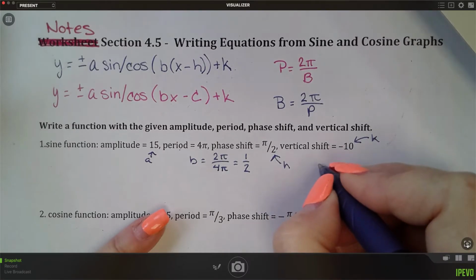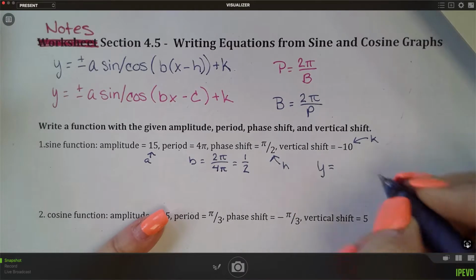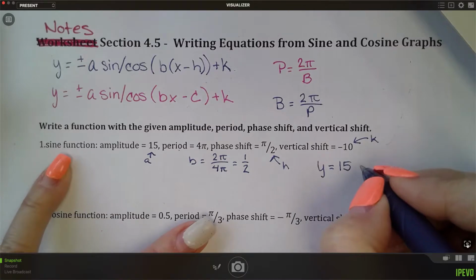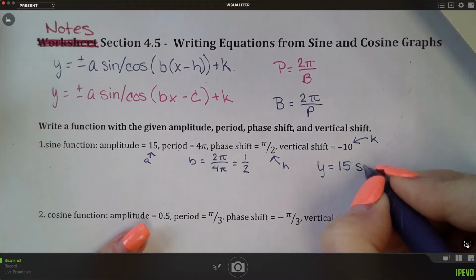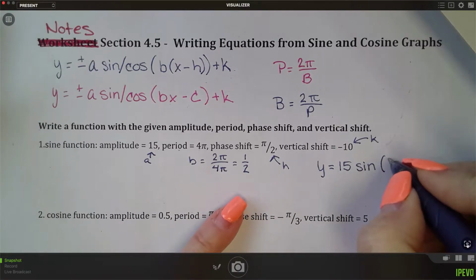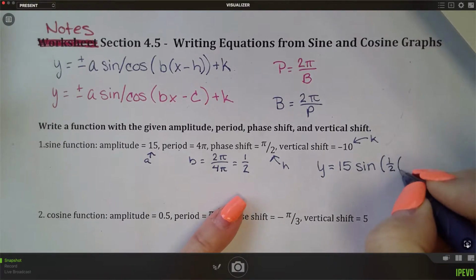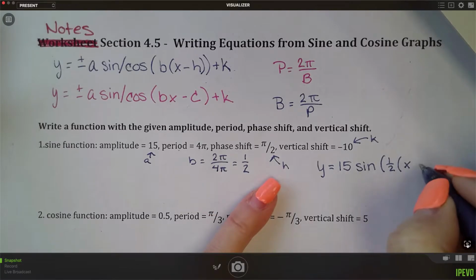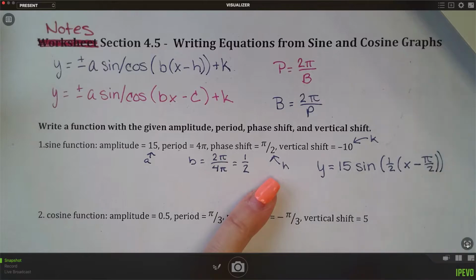So I have y equals 15. And it tells me sine on this one, right? Sine of b, 1/2, parentheses x minus h, so minus pi over 2. If h was negative, it would be a what? Plus.